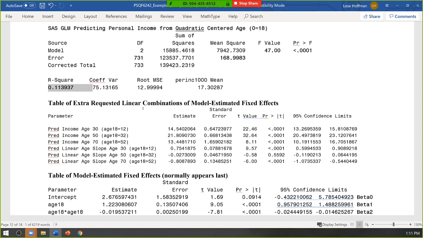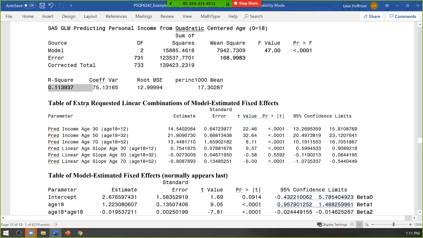So 11% of the total variance in my outcome variable, which is money here, has been explained by my curvilinear function of age, my 2 slopes for age, linear and quadratic, working together, 11%.